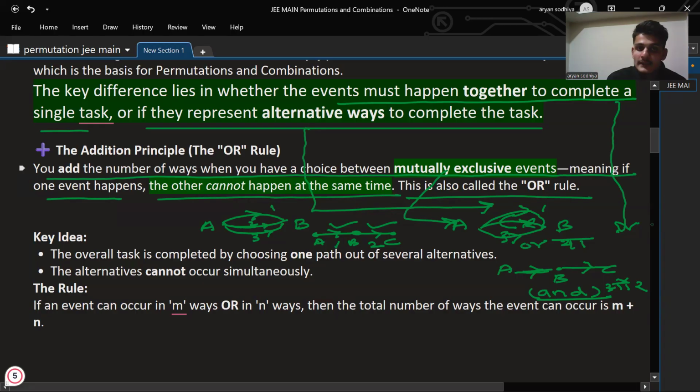So 1, 2, 3, these three tasks are mutually exclusive. And in this scenario where I need to go from A to C, tasks 1 and 2 are not mutually exclusive, whereas in this scenario, where I want to go from A to B, the first task, second task, and third task are mutually exclusive. I hope you got this point.